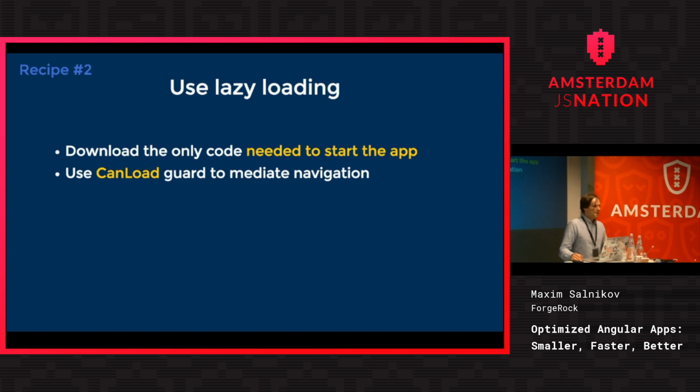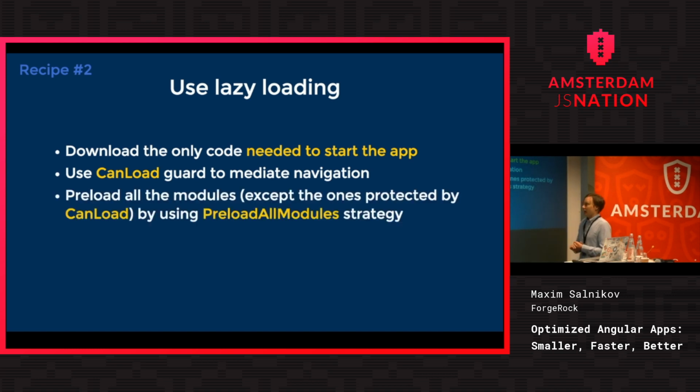Okay, we have our first load experience very fast and good. What's next? When we click on some links in our app and want to download new modules which are not part of this first bundle, of course network delay will happen, and maybe this is not what we want, right? This is why we can preload everything, right?